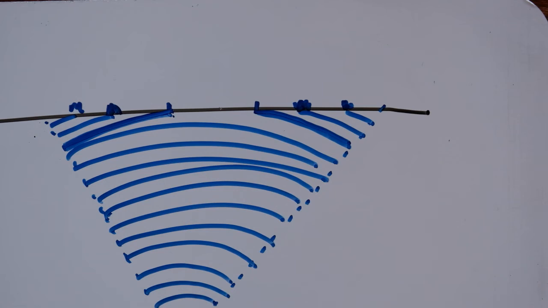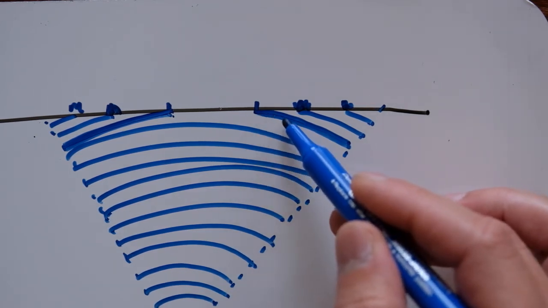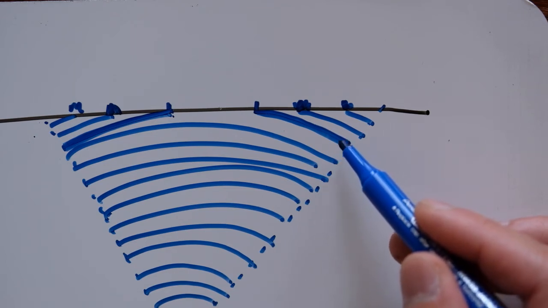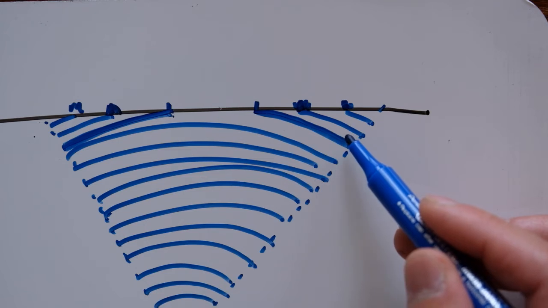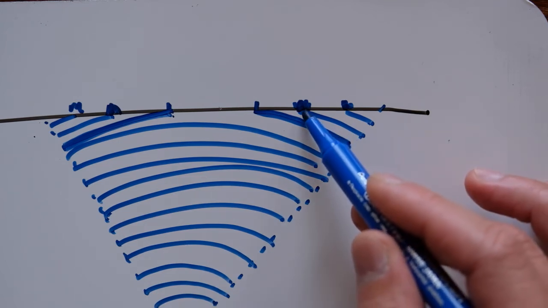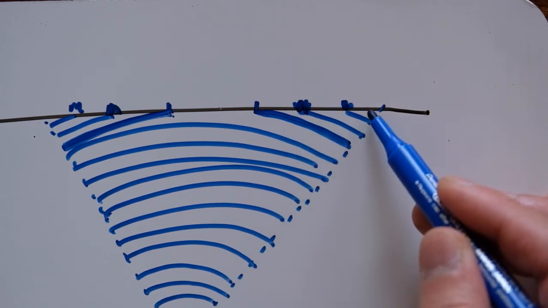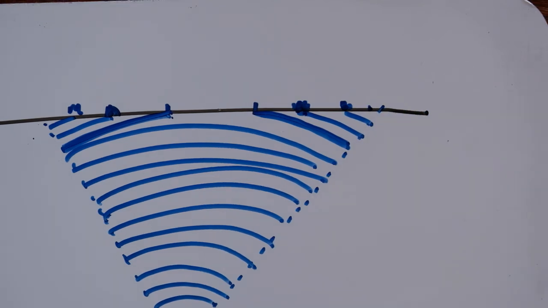And the waves on the side, which are still not touching the screen, will carry on. They'll continue to propagate. And when they touch the screen again, with the constructive interference, we get another bright spot. And then those waves will continue and continue.